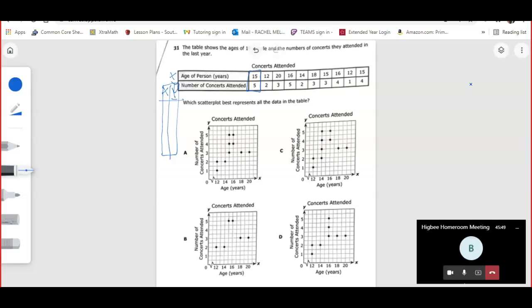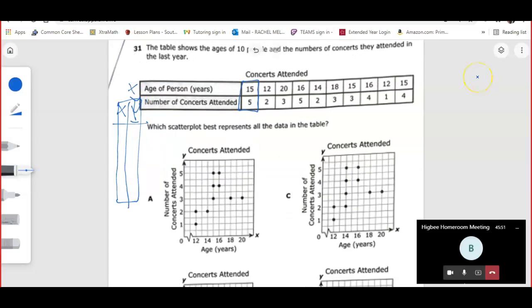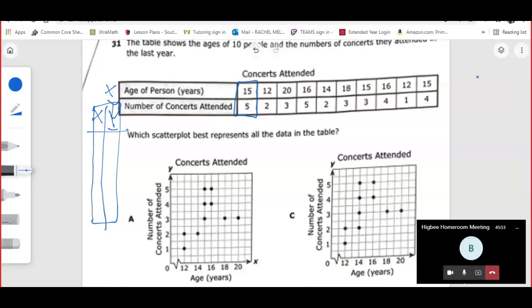I'm going to see if I can get A a little bigger. So notice this little thing right here. Everybody see that? Or is it too small? Can you see what I'm pointing at? Yes? Okay. That is meant to show you that there's a break between the origin and where we first start our data.